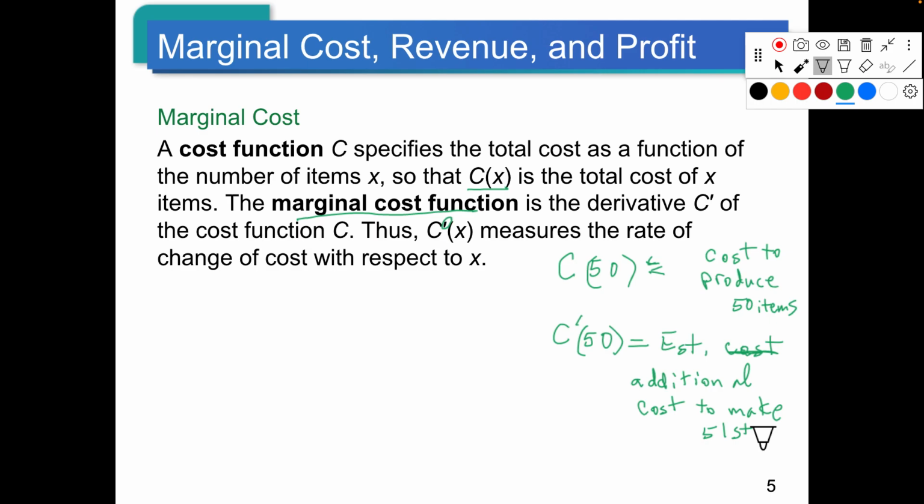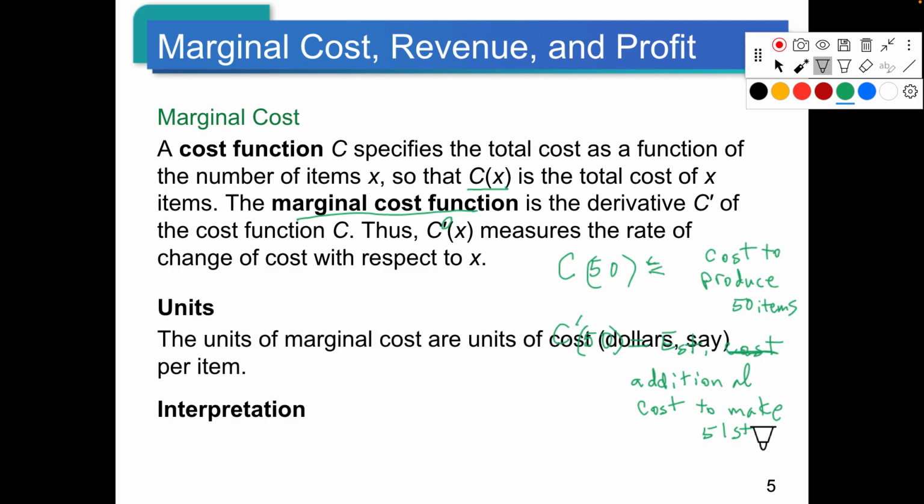And so far the math is just going to be, we're going to take functions, take the derivatives. That should be fairly simple derivatives like we were working with on Tuesday. The units, again, cost is going to be in dollars or euros or wherever we're making them.